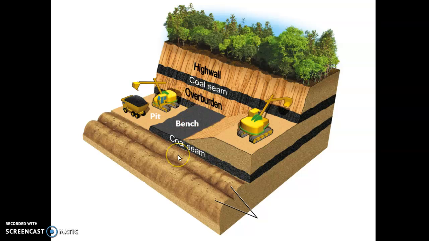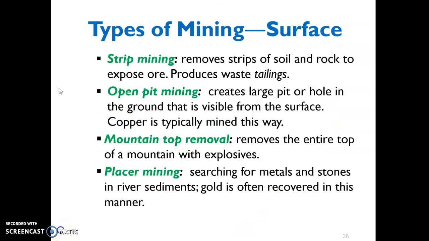And then below that seam is some more overburden, another layer of coal, and then more overburden. So by the time you get down to the bottom, you actually have significant habitat destruction. Now I'm going to go back to the previous slide. So that was strip mining, removing a strip of soil and rock to expose ore, which is what you're after, in this case coal.